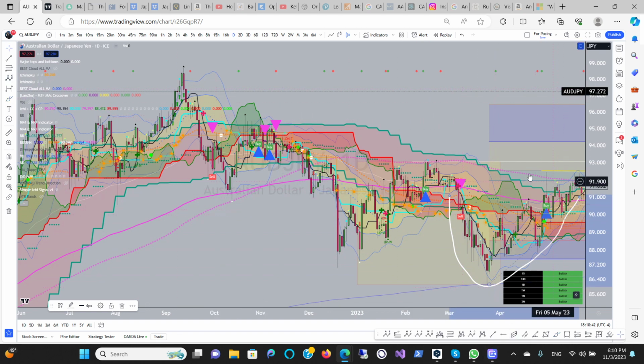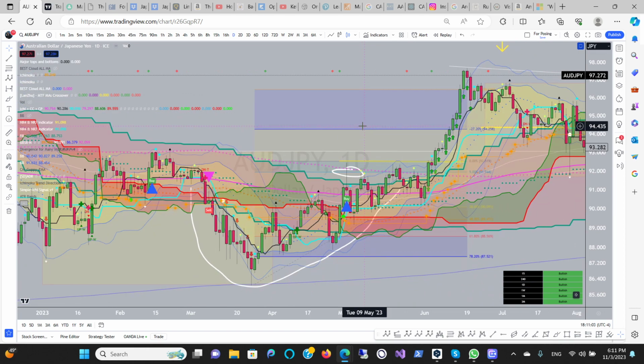Because when we pull back up, it pulled back up almost 78%. We measure the high from February 2023 to March 2023, you see the pullback was 78% right around here. That was the pullback, 78%, or near 78%.